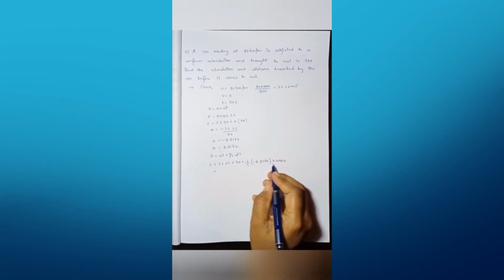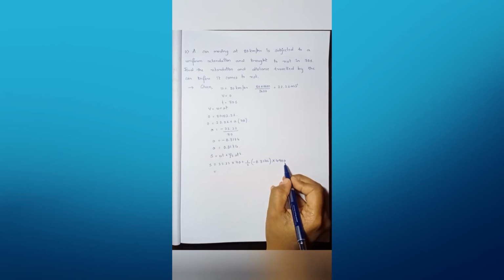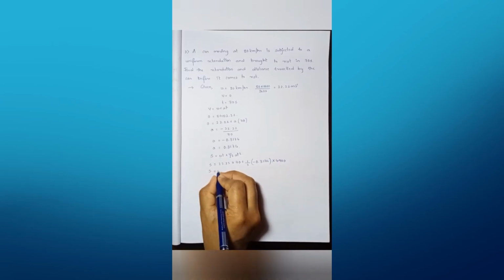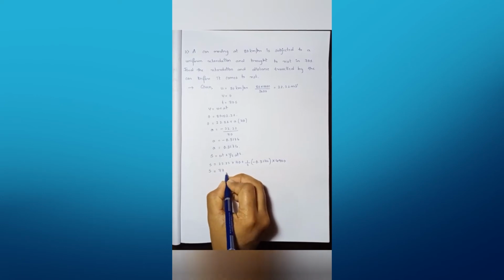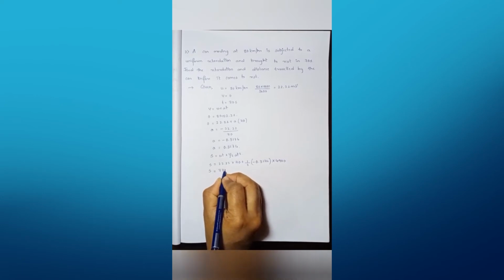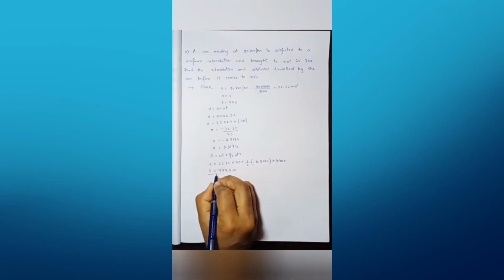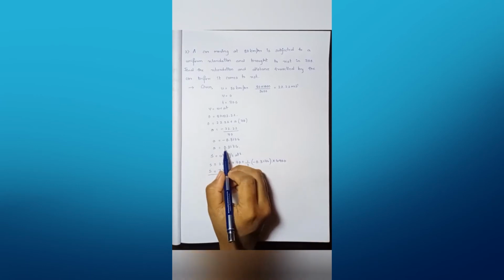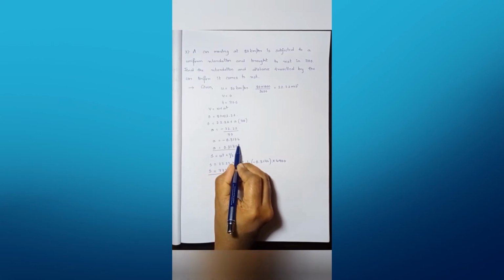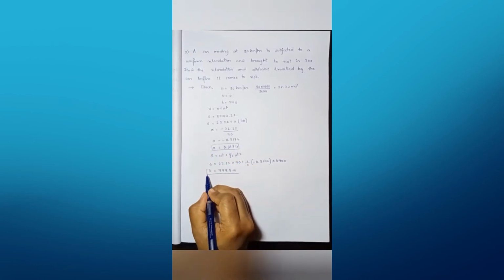So using a simple calculator, calculate this, and finally we get 777.8 meters. So this is the distance and this is the acceleration, that is retardation.